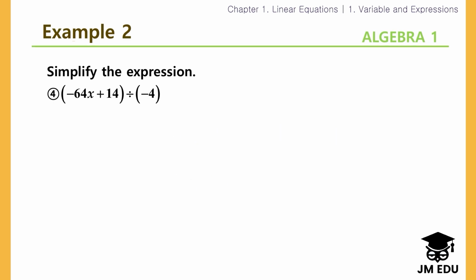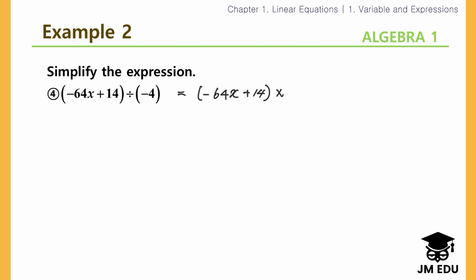Number 4, just like number 3, we're going to convert this division to multiplication first. So that's going to be equal to negative 64x plus 14 divided by negative 4. I have to convert this division to multiplication, right?